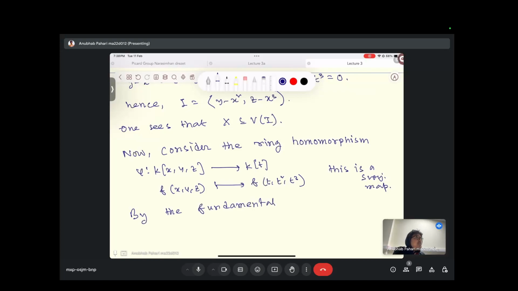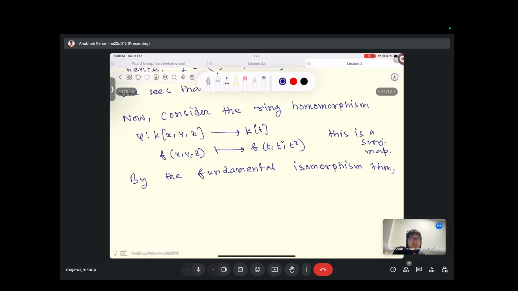By the fundamental isomorphism theorem, we have the image of phi is isomorphic to k[x,y,z] by ker phi.